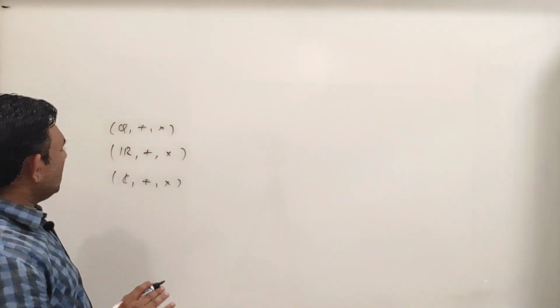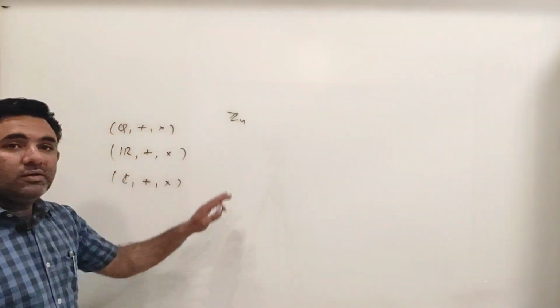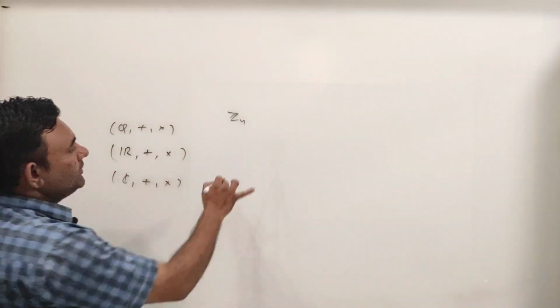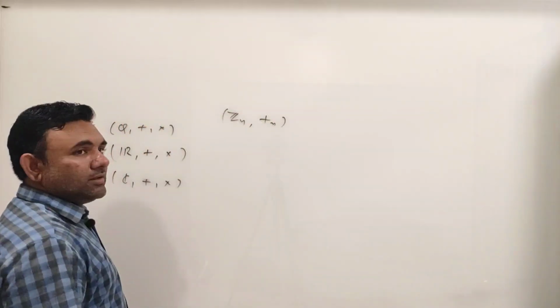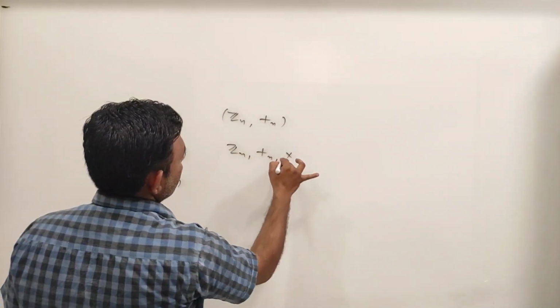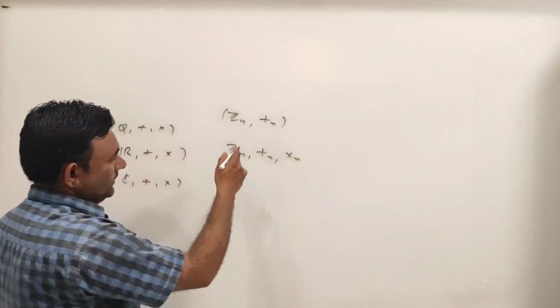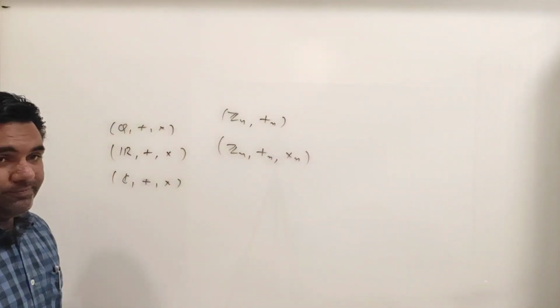So what about finite fields? We know Zn is a group with respect to addition modulo n. And when we learn ring theory, we will show that Zn with addition modulo n and multiplication modulo n forms a ring.